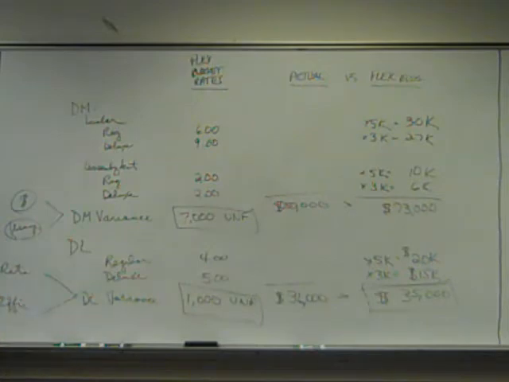Because you can't tell, was it due to too many hours used, or was it due to us paying more than $4 an hour? Again, ordinarily you're working this way. You're getting the variances and rolling them up.